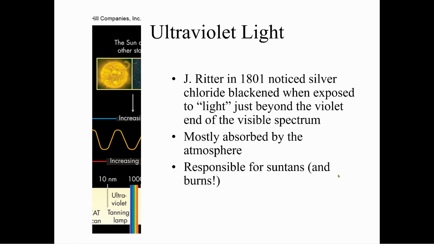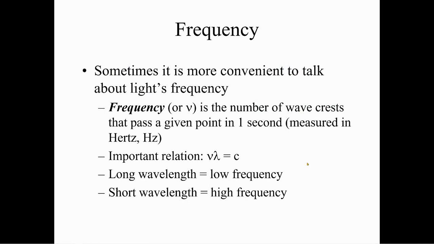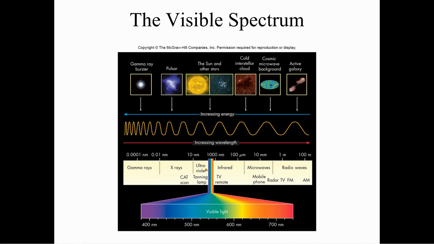Ritter in 1801 noticed silver chloride blackened when exposed to light just beyond the violet end of the spectrum, mostly absorbed by the atmosphere. So ultraviolet light is absorbed by the atmosphere. And what Ritter did, he was looking at the spectrum and he put some silver chloride down in this place and he noticed that it absorbed some energy.